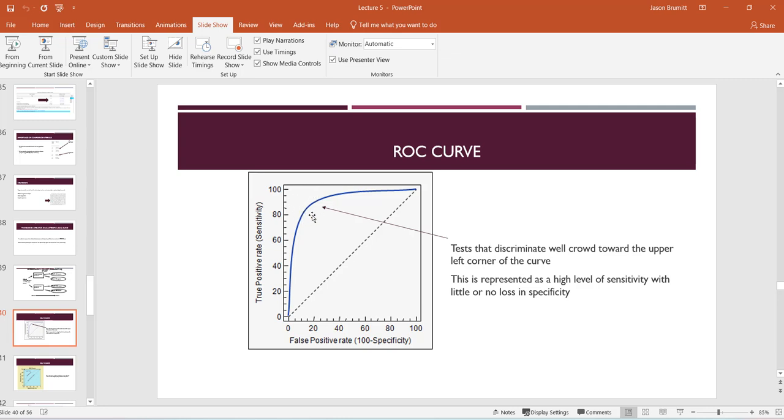That represents a test with high sensitivity with little or no loss in specificity. What we don't want is one against the line here like this. Now, if we had one that was reversed and curved down here, well, that could be fine too. We're just going to have to flip things around when we do our data analysis.